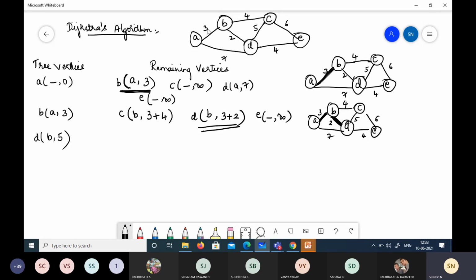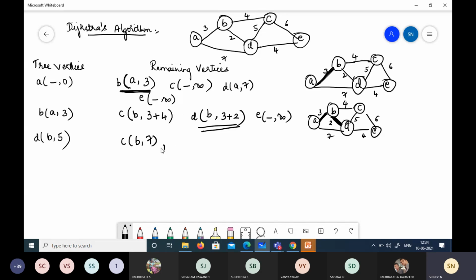Yes, because the path is 3 plus 2, 5, 5 plus 5, 10. Whereas if we go through B, the path is 7. So we have to retain this shortest path, B comma 7. It's possible to go to C with the help of D, but the cost will be 10. Hence we just select the earlier path itself, 7.